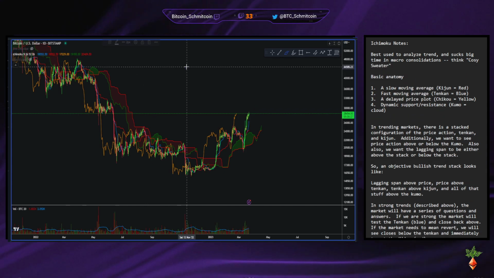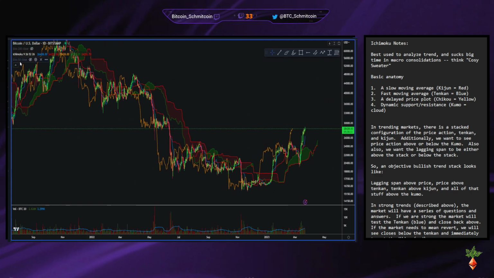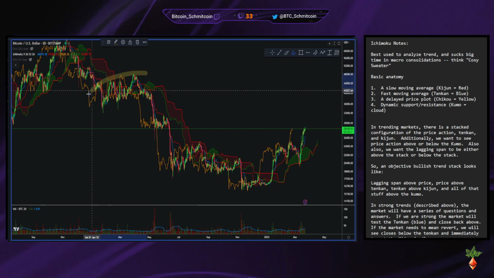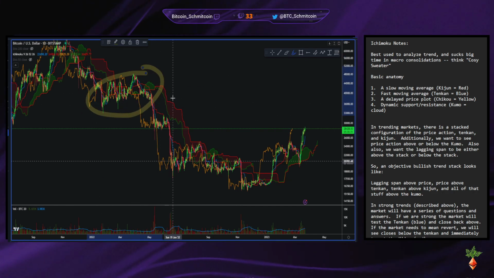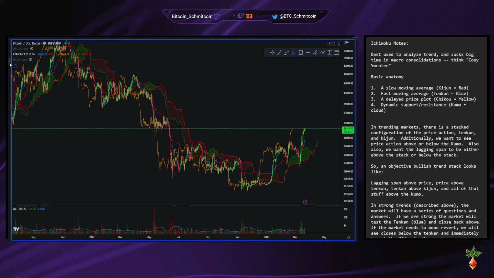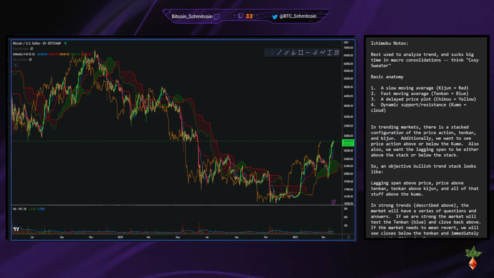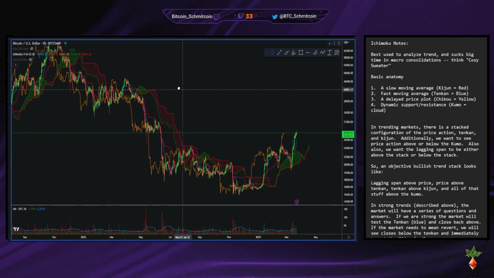For example here, stuff like this is just useless, right? That's not a trend. Once it breaks down, that's of course useful again, but while it's in this consolidation, it's pretty useless. It just gives false signals.